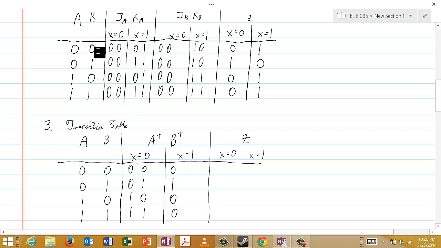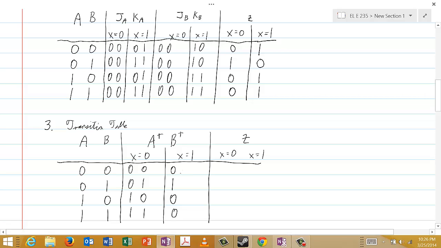Now let's look at what's happening with B. Here's the present value of B, and then we need to look all the way over here at these numbers for the appropriate value of X, for J and K for this value of X. So, when B is equal to 0 and JK for that B flip-flop is 1, 0, well, when J is 1 and K is 0, that says that the next output will be 1 regardless of the present value of the output.